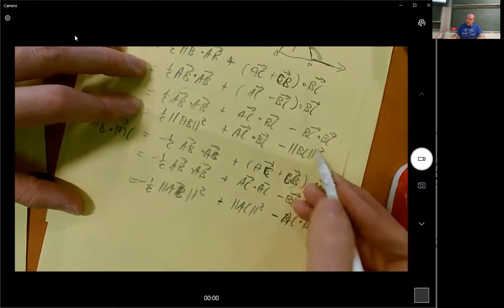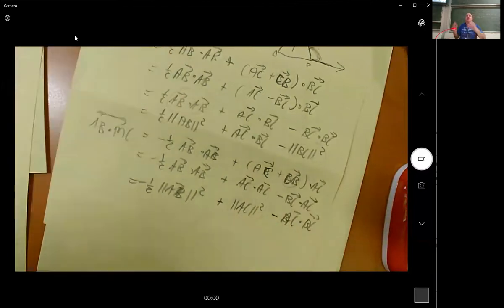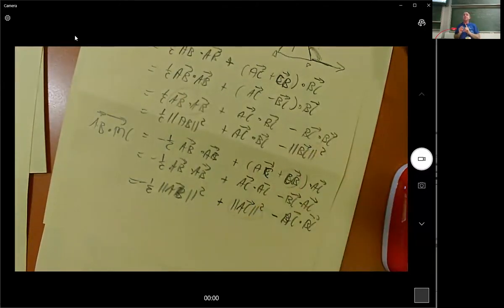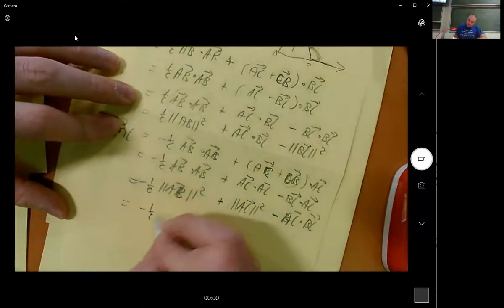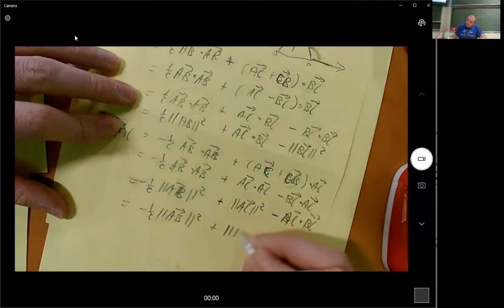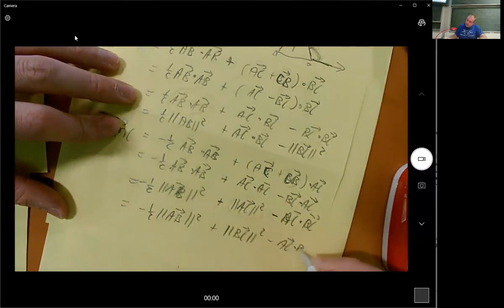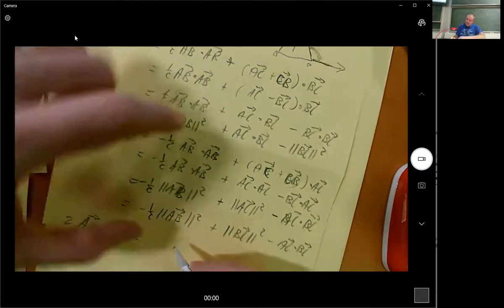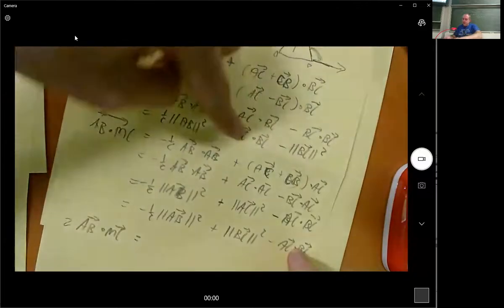So the length of BC squared is the same as the length of AC squared because it is an isosceles triangle with those two lengths being equal. So this is the same as minus a half of AB squared plus the length of BC squared minus AC dot BC. And now if I add them together, 2 lots of AB dot MC is 0.